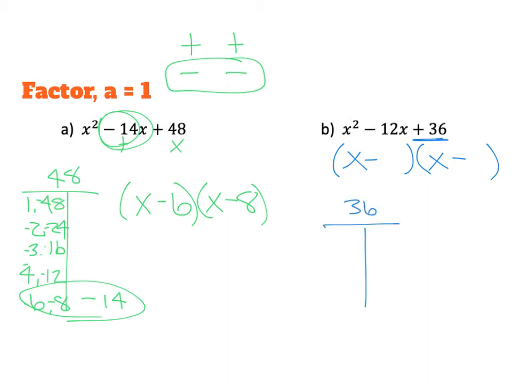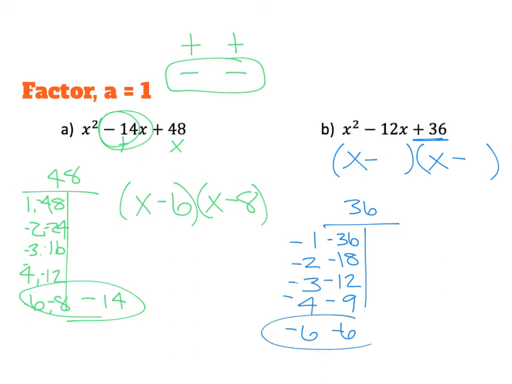So I have 1 and 36, 2 and 18, 3 and 12, 4 and 9, and 6 and 6. Now if I make all these negative, the combination that will give me a negative 12 is negative 6 and negative 6. So my factored form here is x minus 6 times x minus 6.